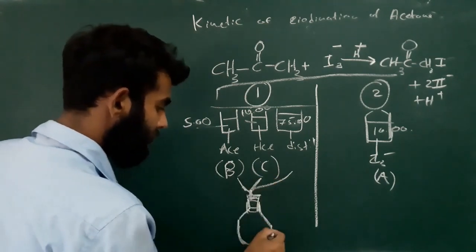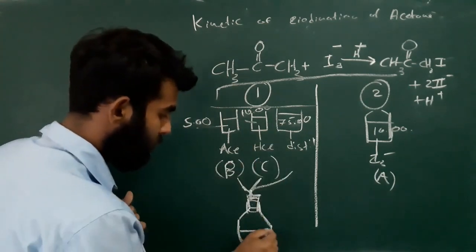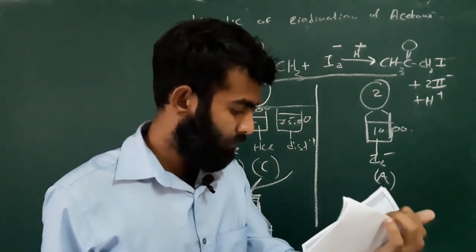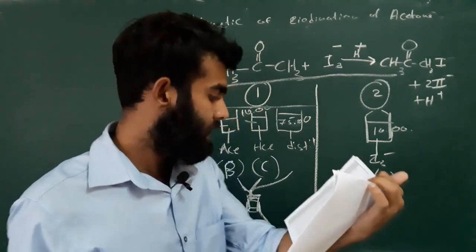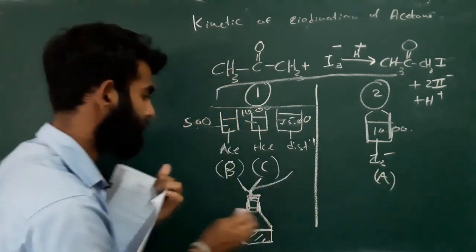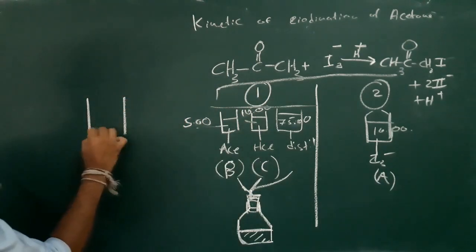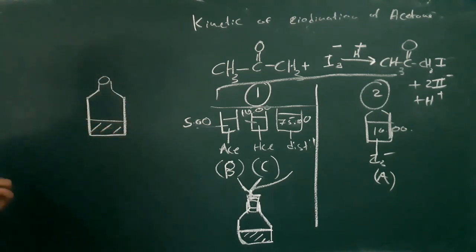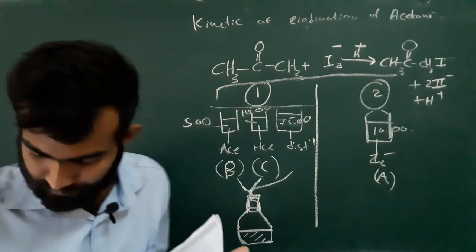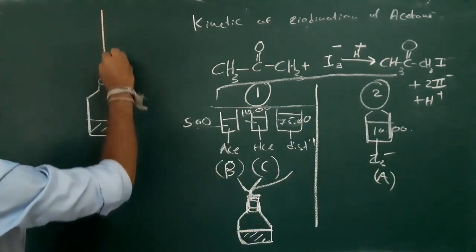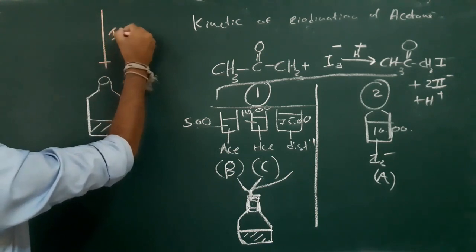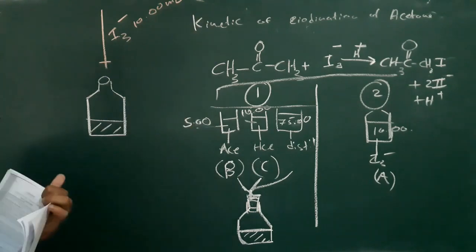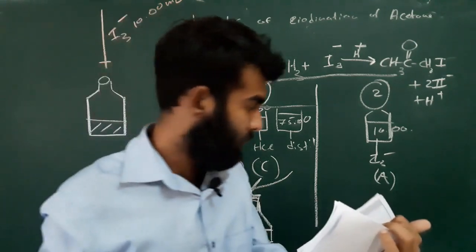We mix these three chemicals in this stoppered bottle, and after mixing, we will add I3 minus 10.00 ml into this mixture. So this is A.